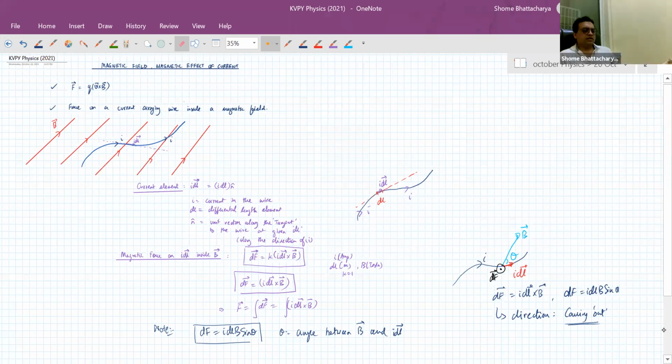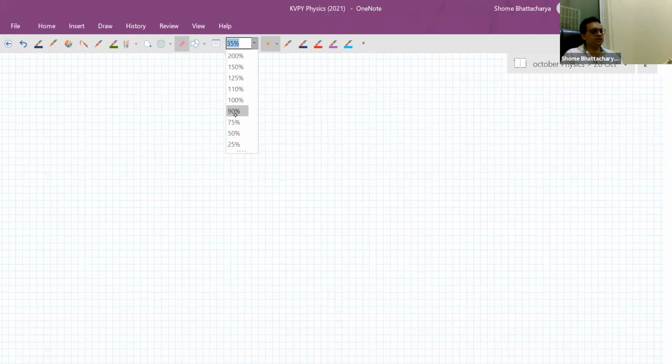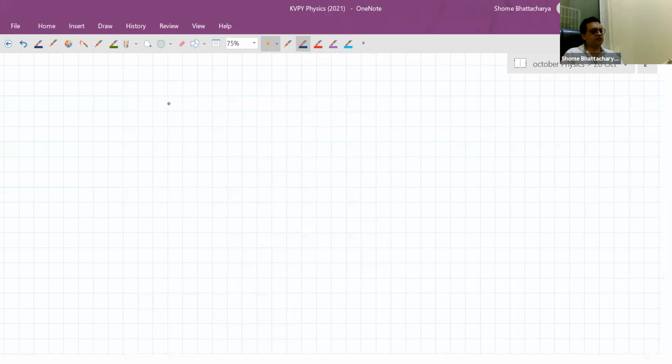Okay, now let's quickly understand the application of this. As I said, the two important applications for us, especially right now at KVPY level, are these two.